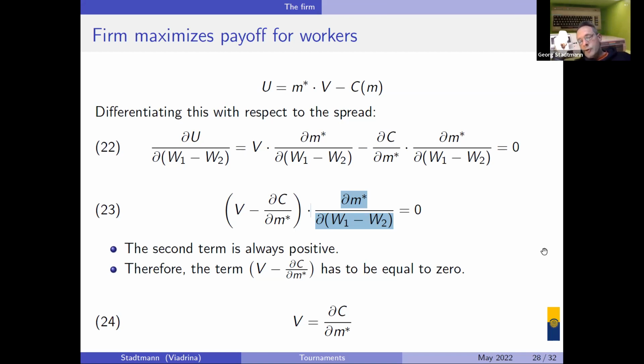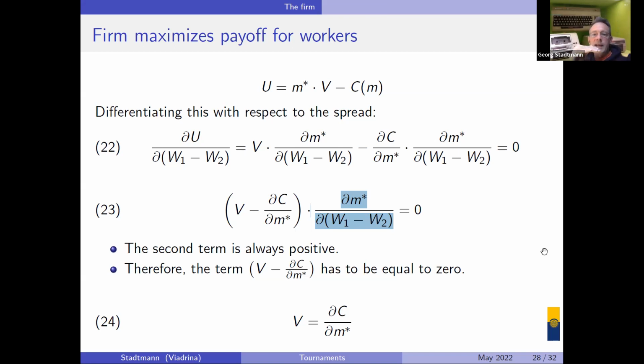I'm starting to compete for the difference W1 minus W2. I'm only starting to answer with an optimal effort level in case that the spread is positive. And the higher the spread, the more to gain in the competition. So the higher the spread, the higher the effort level, and the blue term will always be positive.